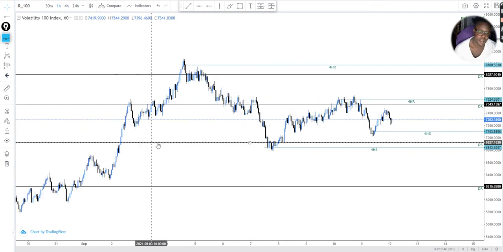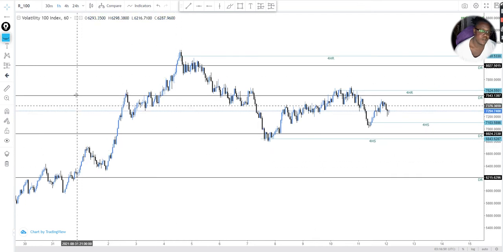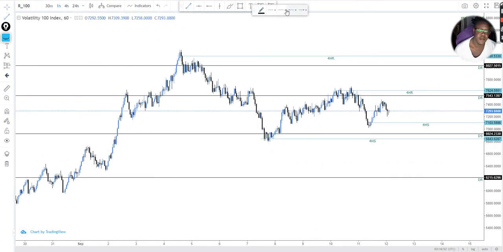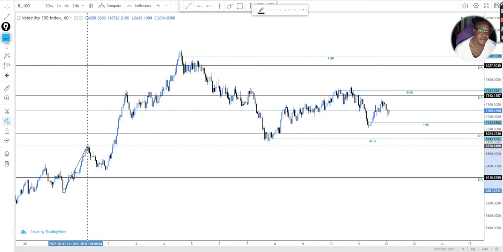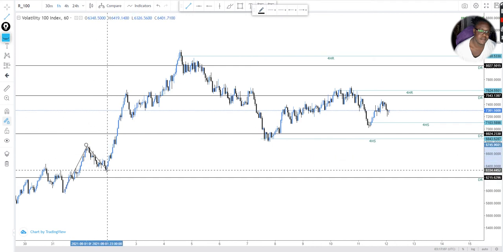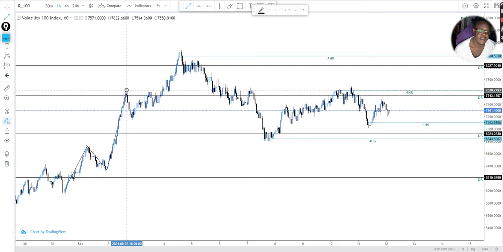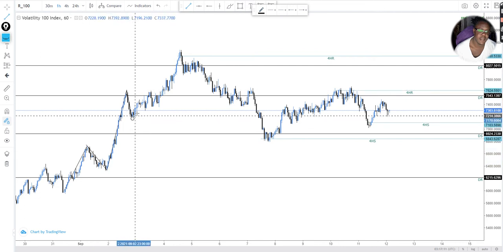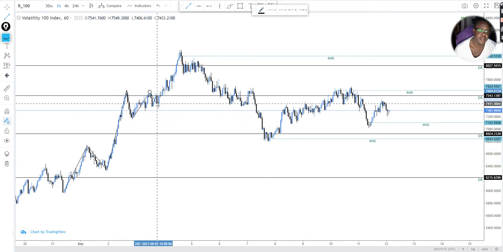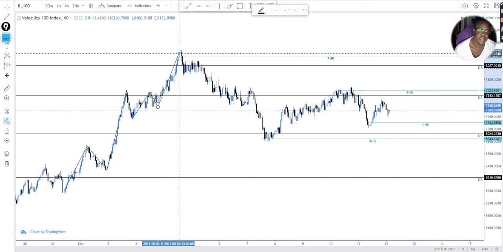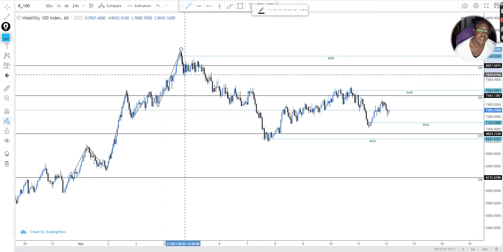Alright, now a quick way to do this, you can grab your trend line, you can stay in drawing mode, and what you can actually do, you can plot from the lows to the highs, lows to the highs, just the same, to identify the current trend that the market is moving in.